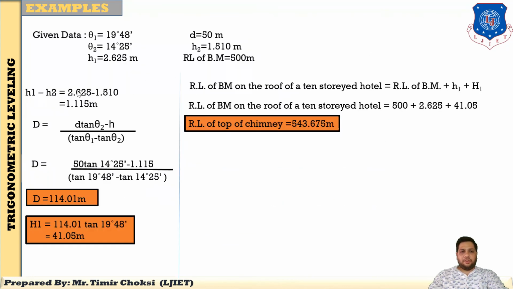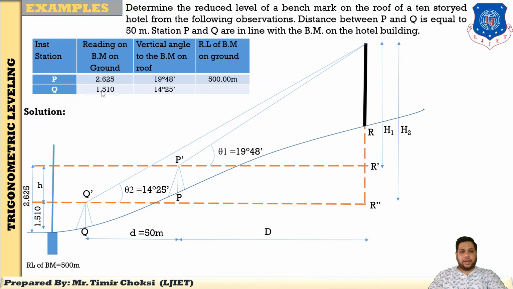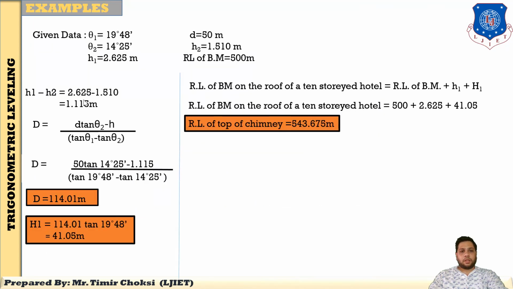Now first, find the small h value. Here the bigger value is small h1, so h1 minus h2. Because you have taken the h1 notation from the first instrument, and the h value at station 2 is small h2. So small h1 minus small h2 gives the answer for small h.